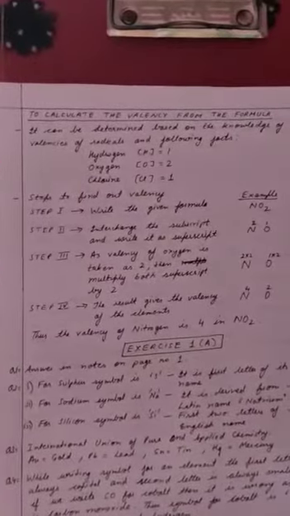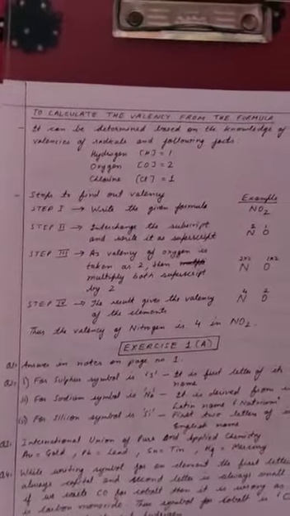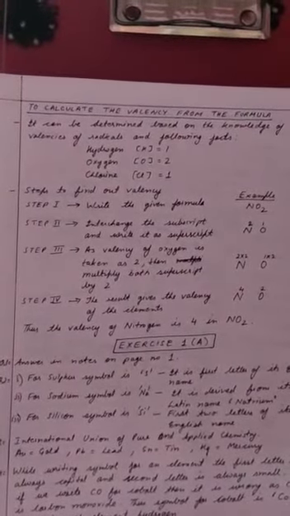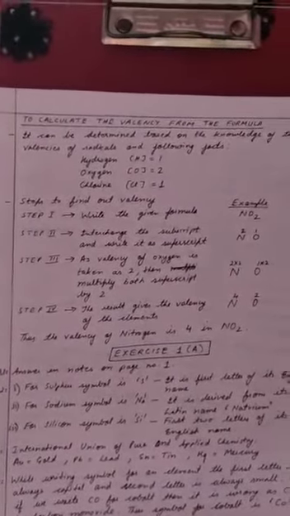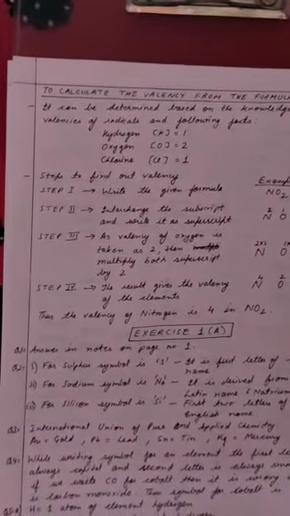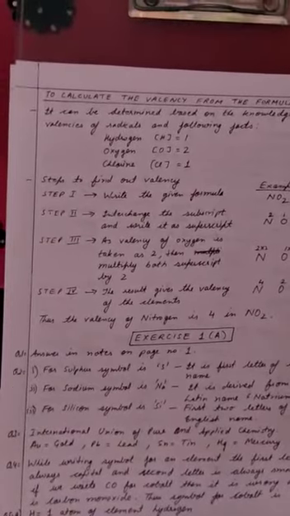Now the next important topic is to calculate the valency of an element from the formula. The valency of an element can be determined based on the knowledge of valencies of radicals and these following facts.